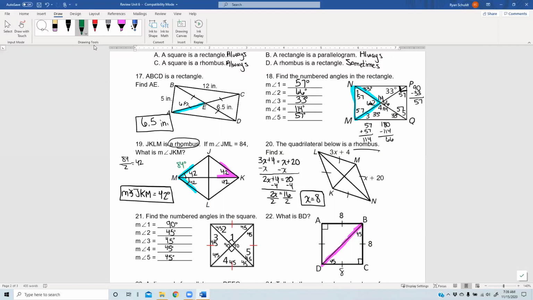So this is a 45, 45, 90 special right triangle. This side's x, that side's x. Our hypotenuse is x square roots of 2. Well, what's x have to be? Based on what we just labeled, x equals 8.